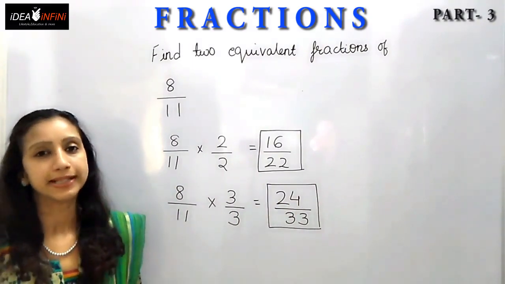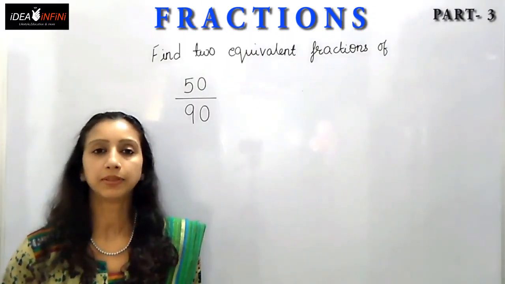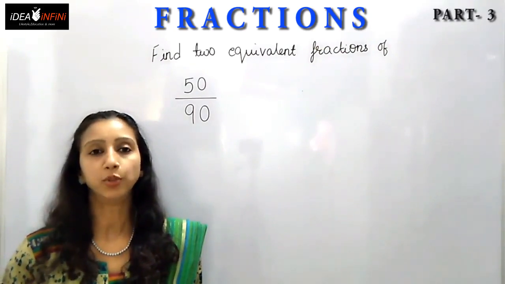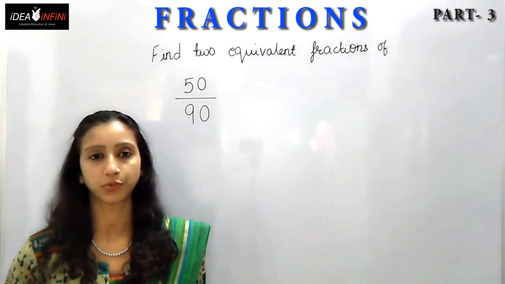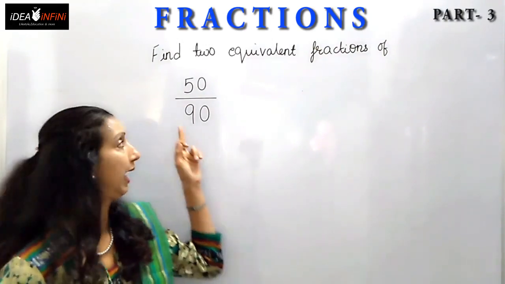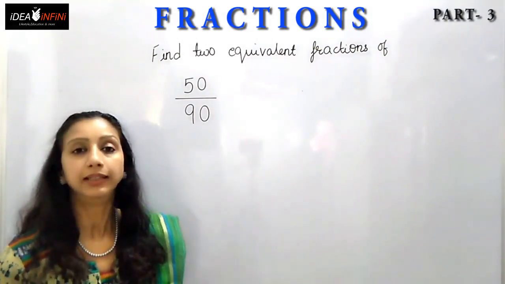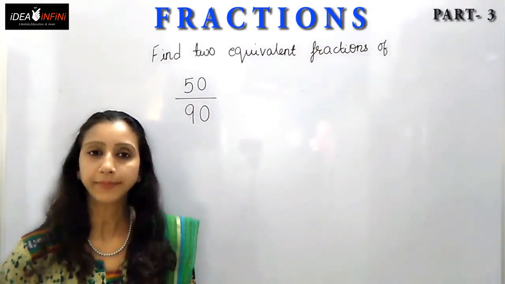Let's see another example. In the last example, I was multiplying the numerator and the denominator by the same quantity to get the equivalent fraction. Here in this example, I have 50 by 90. And in this case, I will divide by the same number.